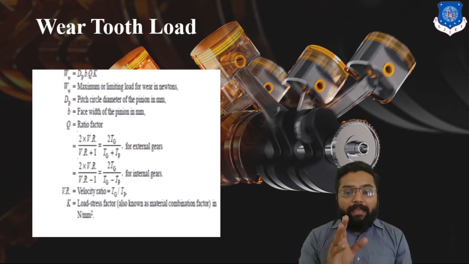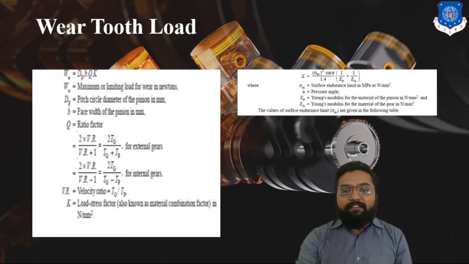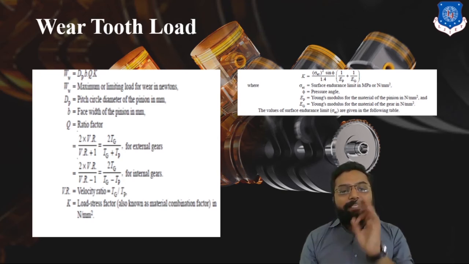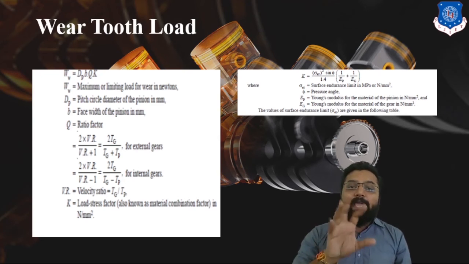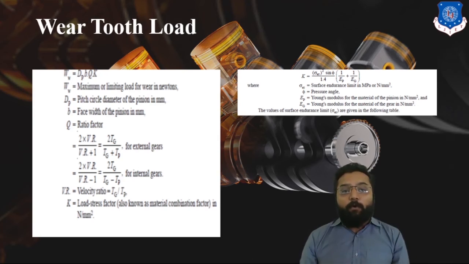And K is the load stress factor, which is represented by sigma E squared into sine phi upon 1.4 into 1 upon EP plus 1 upon EG, where sigma E is the endurance strength for the particular material, phi is the pressure angle, and EP and EG are the Young's modulus for pinion and gear. Clear?